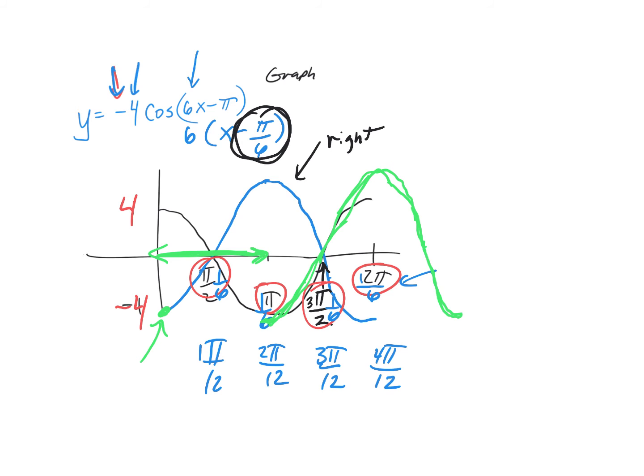But I'm fine with leaving it the way it is. One thing you should do if it's actually a test, you'd have to erase these. You would not leave the old images of what it used to be. Those need to be gone. That's where the graph used to be.